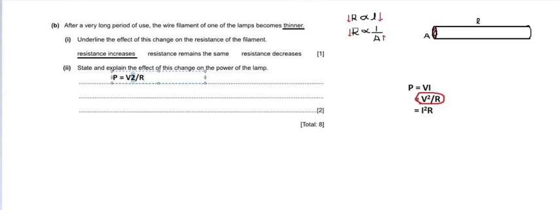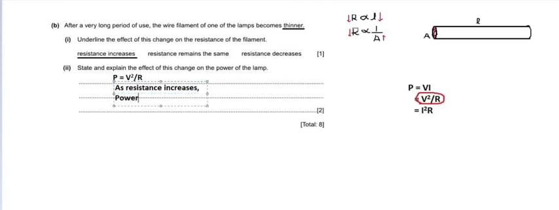So here, what is happening in our circuit is that we have seen the resistance is increasing. So I can write: resistance increases. As the resistance increases, what will happen to the power?